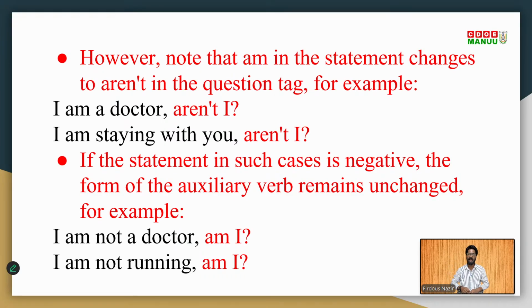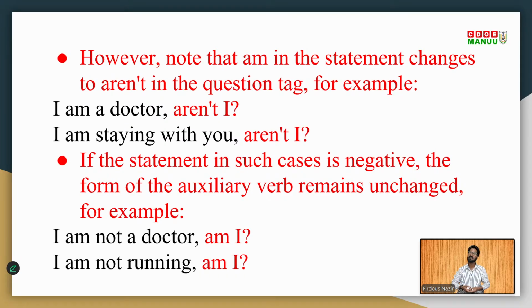So when we have a positive statement with first person and the auxiliary verb am, we change am to are, aren't. Now, I'm a doctor, aren't I? I'm staying with you, aren't I? I'm going to Delhi tomorrow, aren't I? Okay, so this is an exception, that am is changed into are.